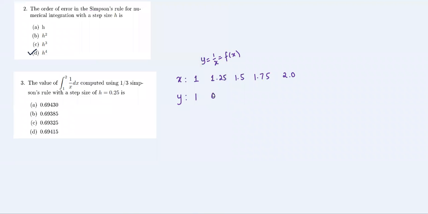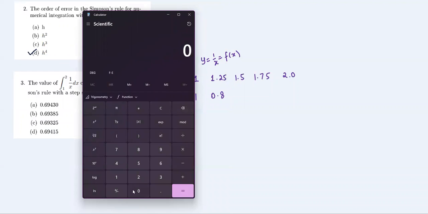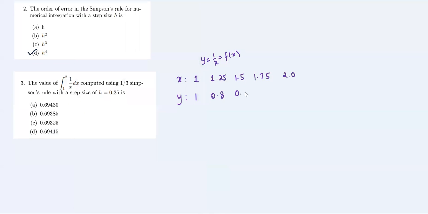Then 1 divided by 1.5 is 0.6666, so 0.67. We'll truncate at 2 decimals.